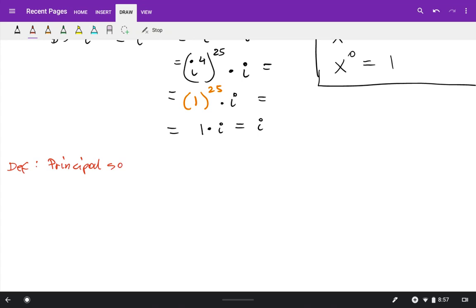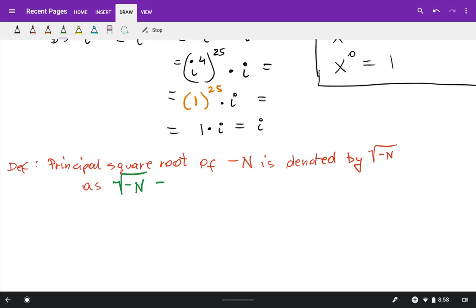The principal square root of negative n is denoted by square root of negative n, as square root of negative n equals square root of n times i, and i is outside, okay?